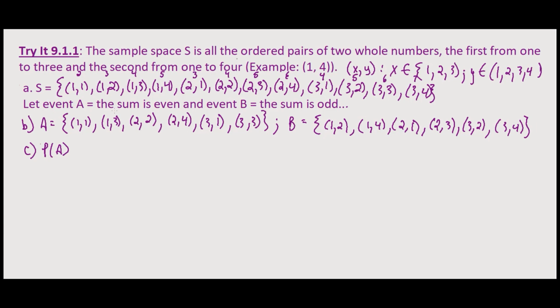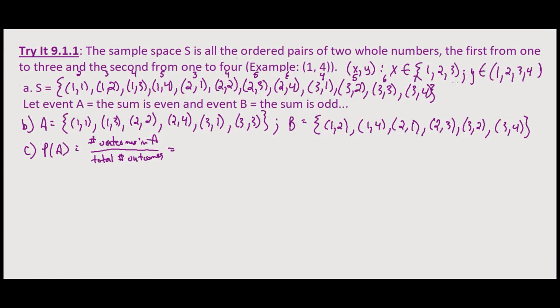So the probability of A equals the number of outcomes in A divided by the total number of outcomes. So if we look at this, there are 1, 2, 3, 4, 5, 6 outcomes in event A.